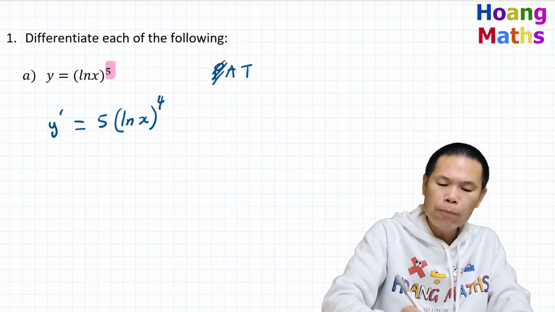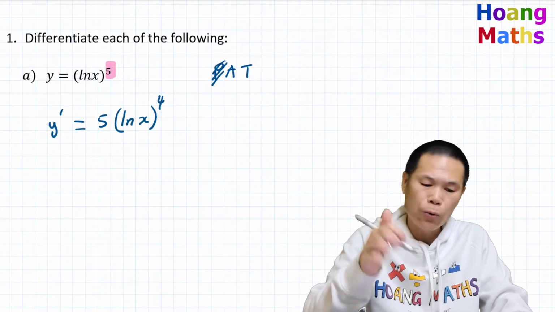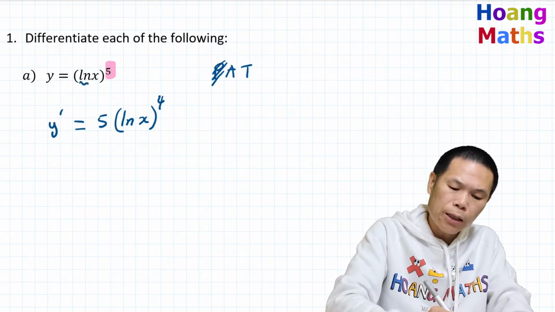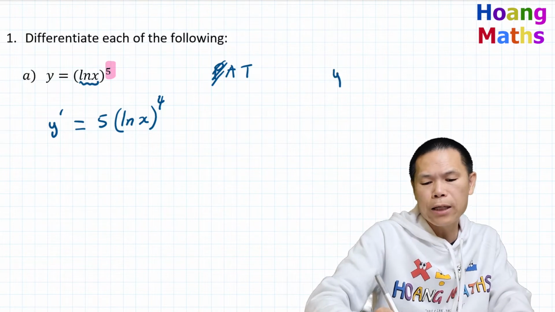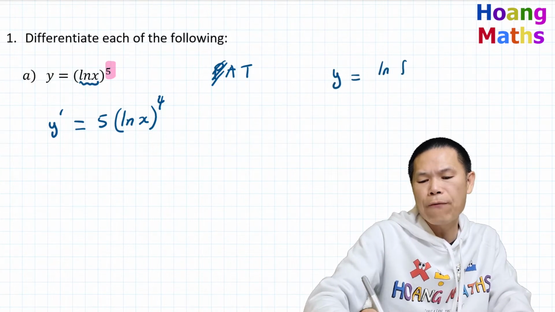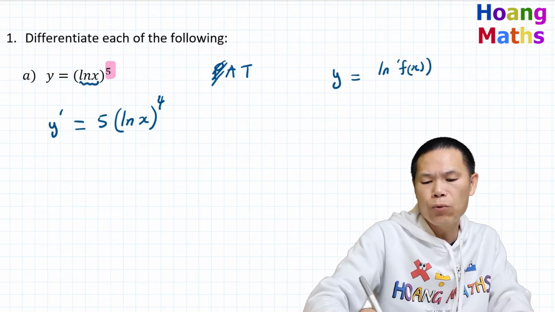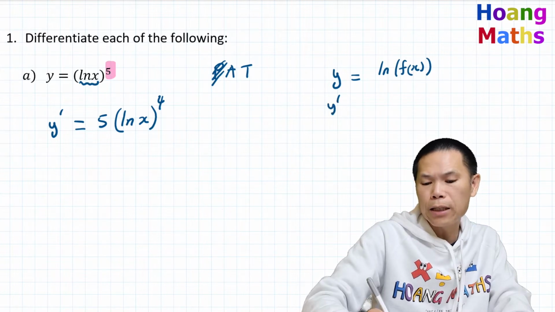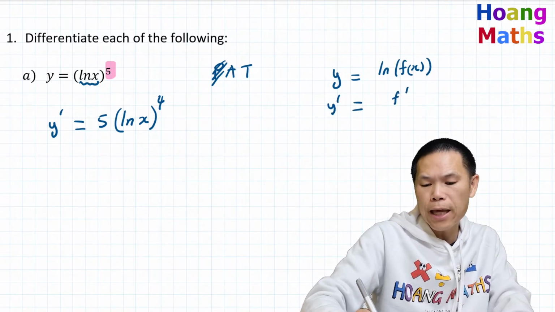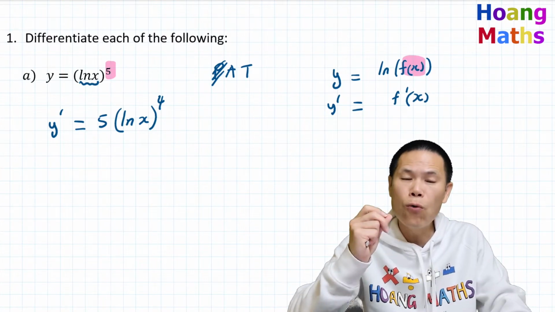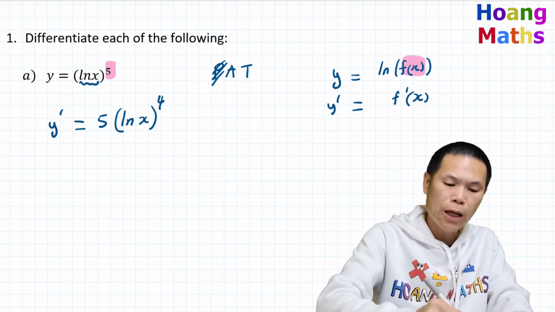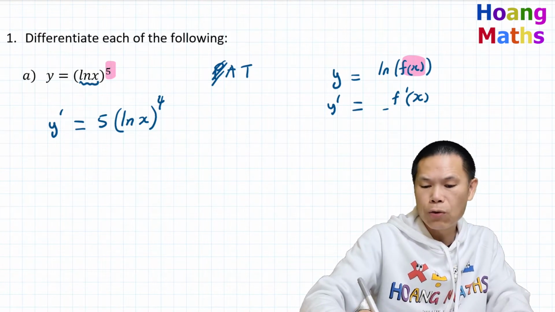So this is done. Then we need to differentiate the angle. This inside here we treat as the angle. If y equals ln f of x, this is the rule we're using: y dash is equal to f dash x over f of x, because we differentiate the function and put it over the function.